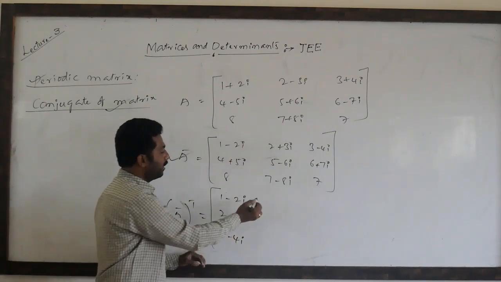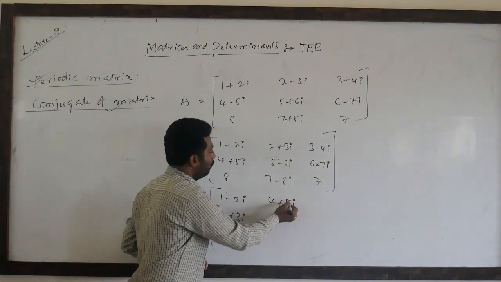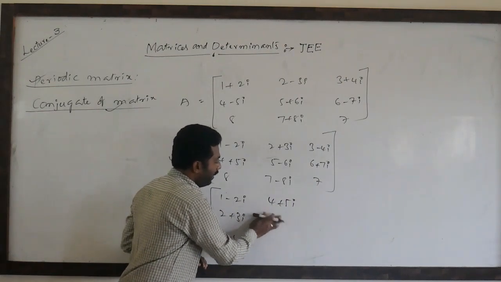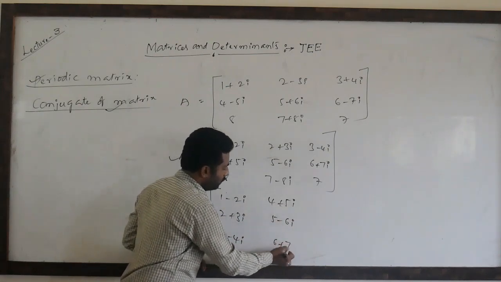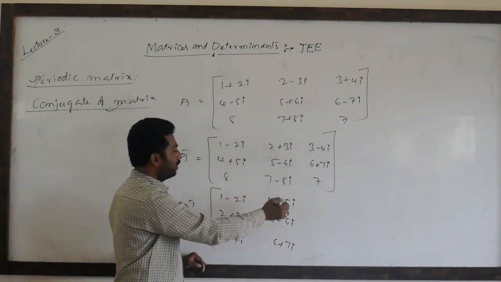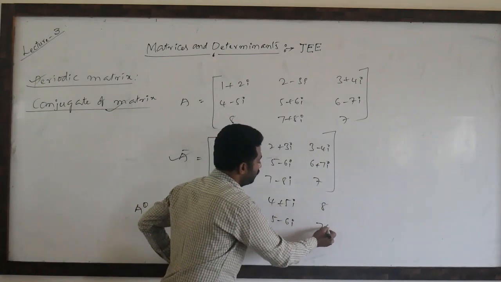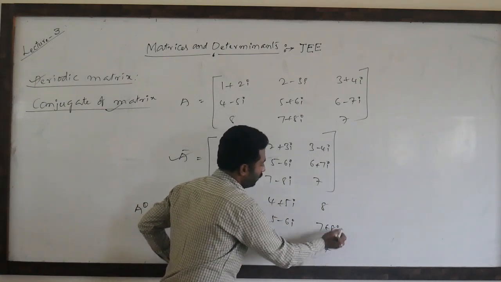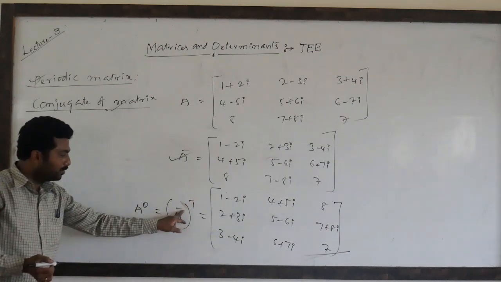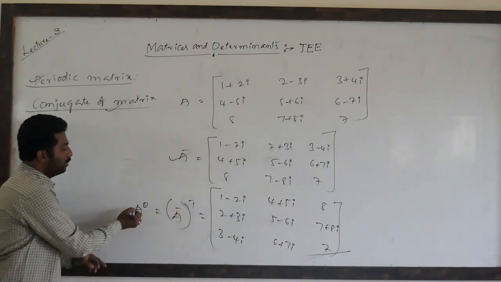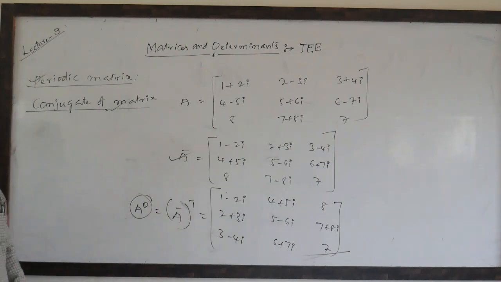Second row becomes second column: 4 plus 5i, 5 minus 6i, 6 plus 7i. Third row becomes third column: 8, 7 plus 8i, 7. So this is the transpose of the conjugate of a square matrix, denoted by A power theta.